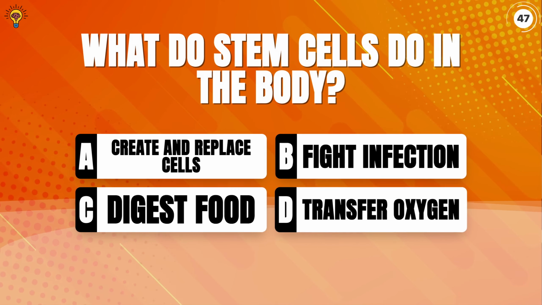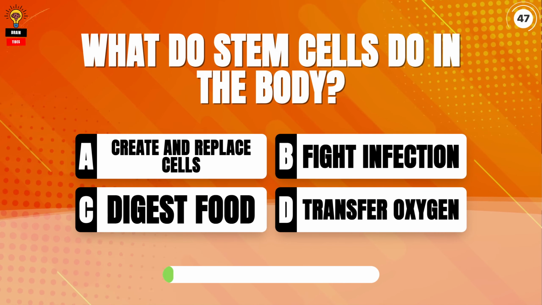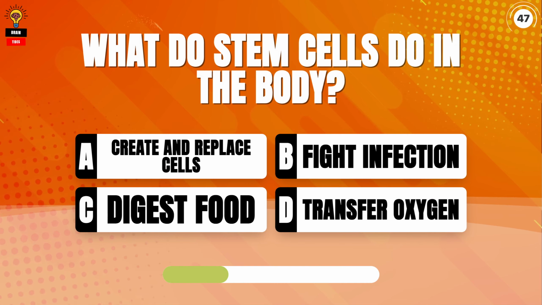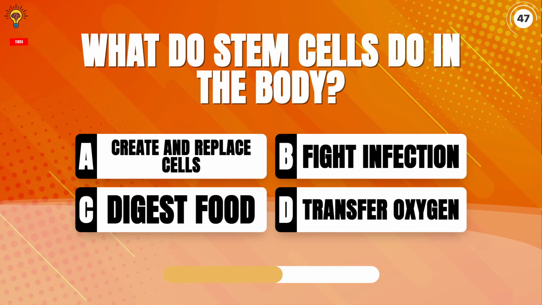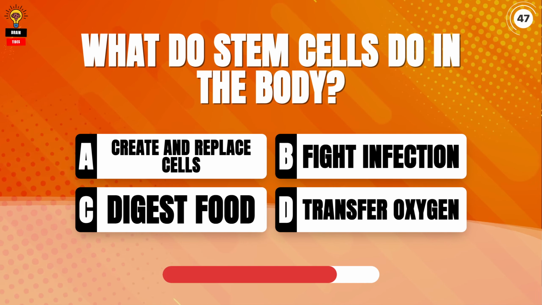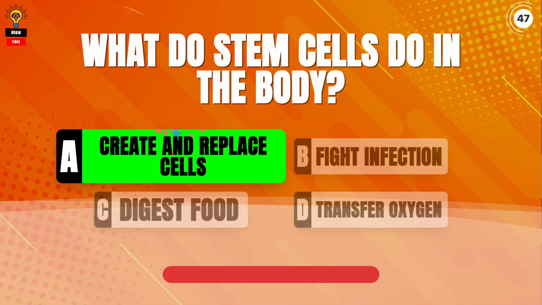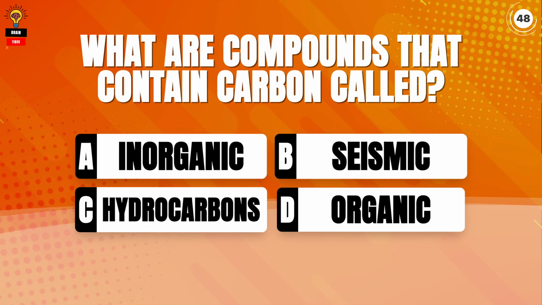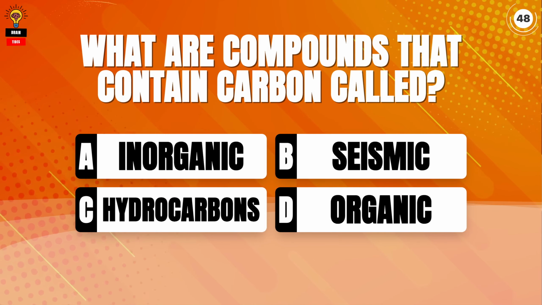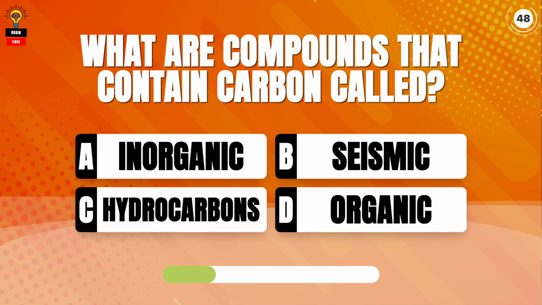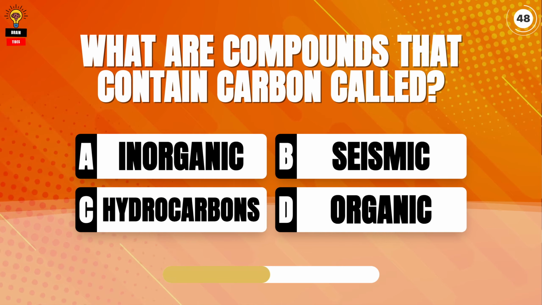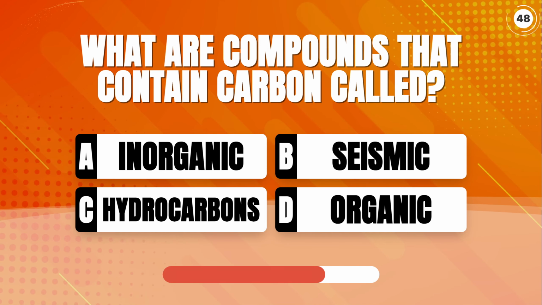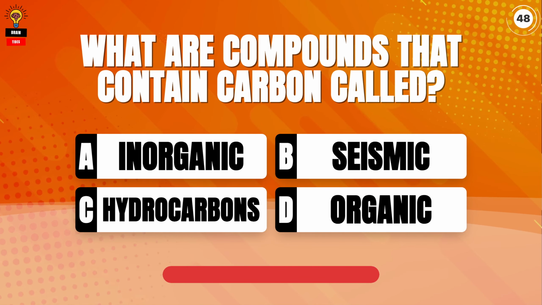What do stem cells do in the body? Create and replace cells. What are compounds that contain carbon called? Organic.